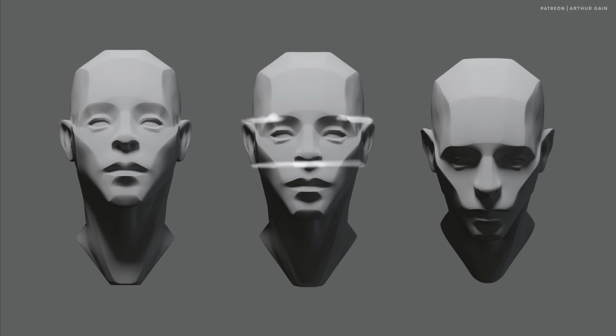So again, these two important landmark areas, the bottom of the nose and the eye socket corners, also show us the placement of the ear.